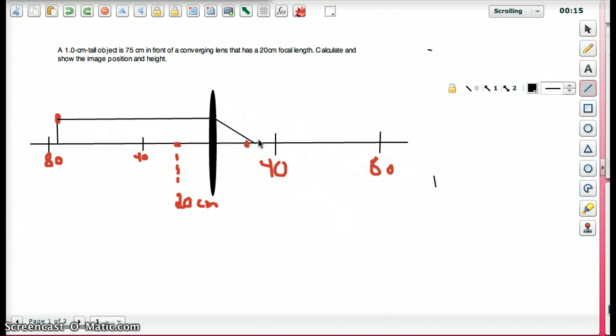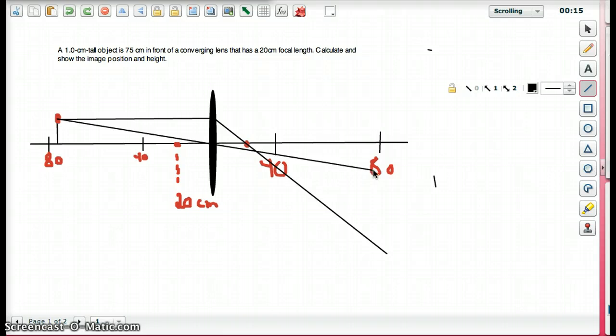Alright, so this one went through the focus, and we had a ray that went straight through the lens, like so.